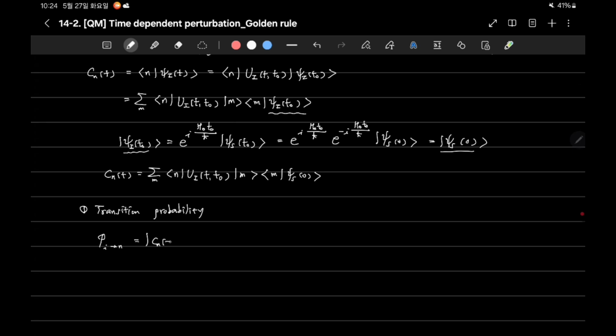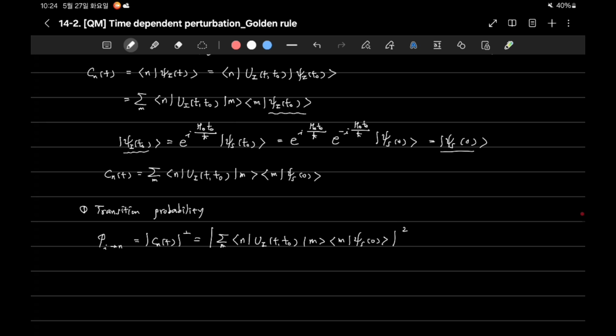It is the c_n(t) squared, so it is the square of the sum over all m states of <n|U_I(t, t0)|m><m|psi_S0>. The square is the transition probability.